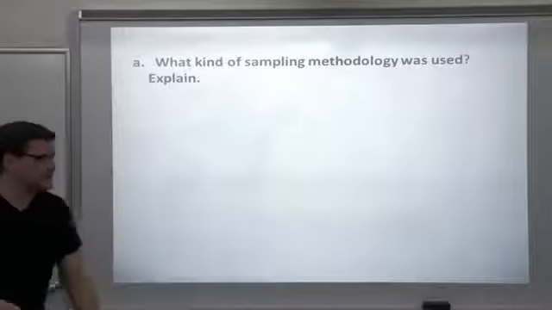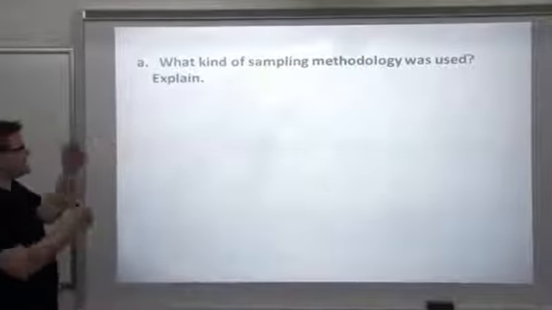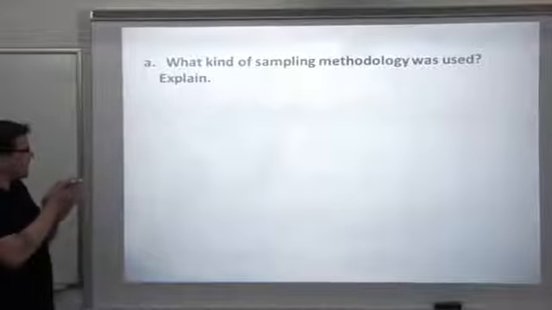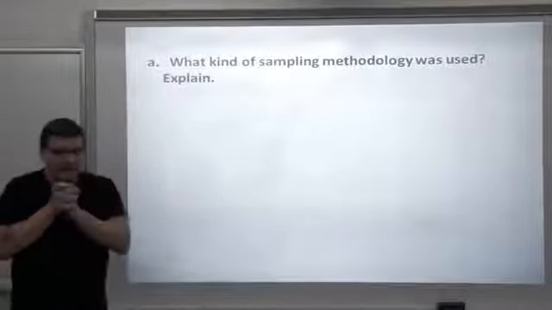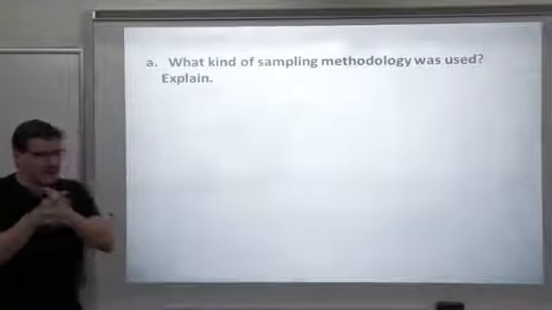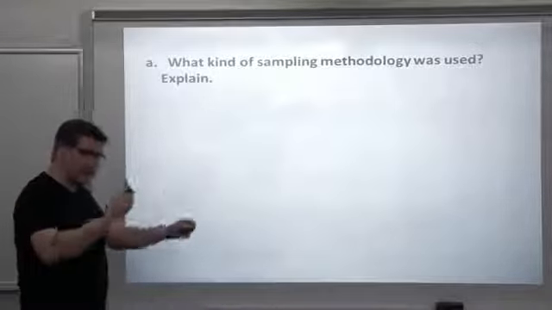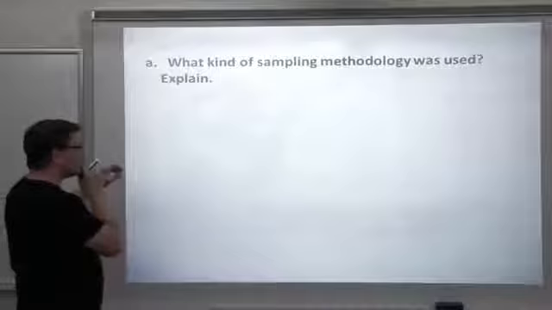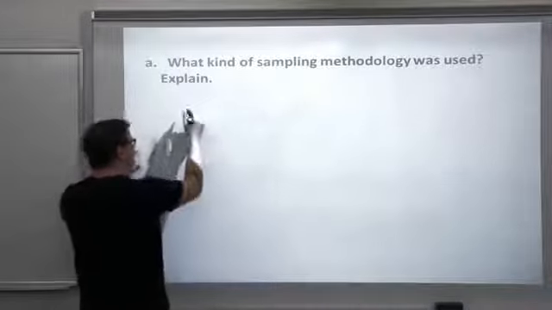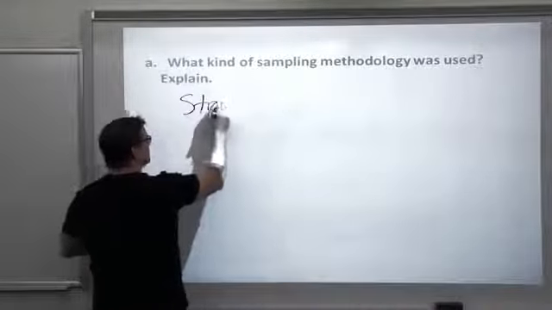Let's review just a few quick things. What kind of sampling methodology was used? Explain. So let's think about this. We took the Ivy League, we broke it into the 8 schools, and then we took a simple random sample from each of those 8 schools. So this is stratified by school.